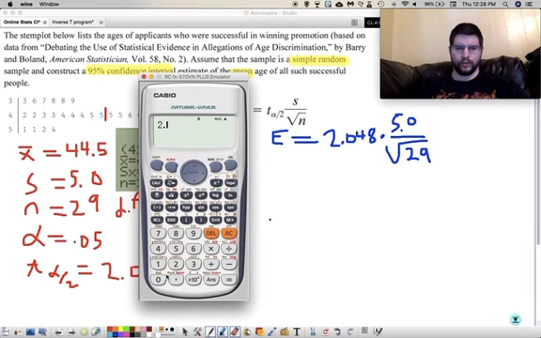So 2.048 times, I believe I called that A, divided by, or over, square root of 29. That's my error. So I'm going to store that to E for error.